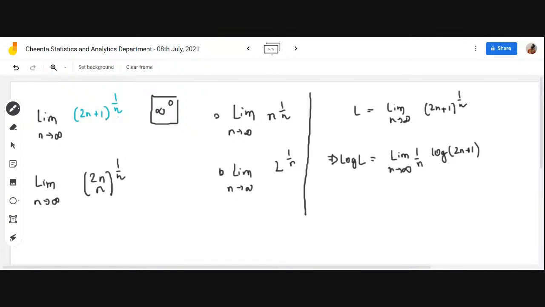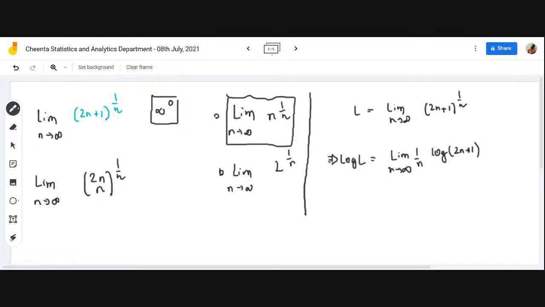Can you tell me what this limit is? What are these two limits? N to the power 1 by n, what is that limit? What is the limit of n to the power 1 by n? 1.